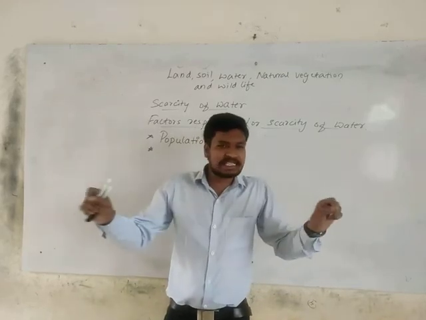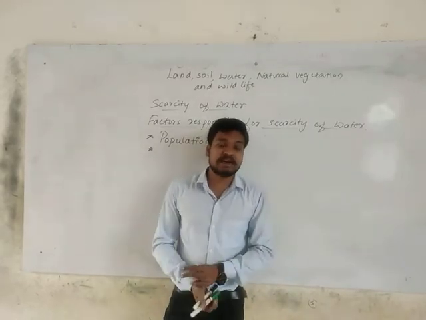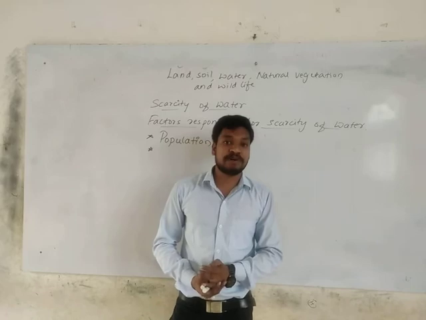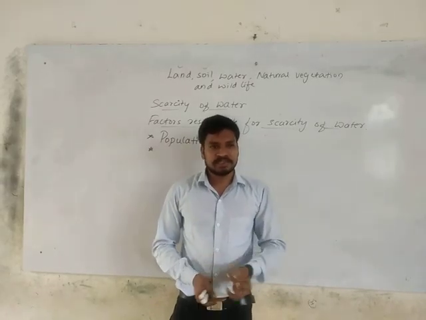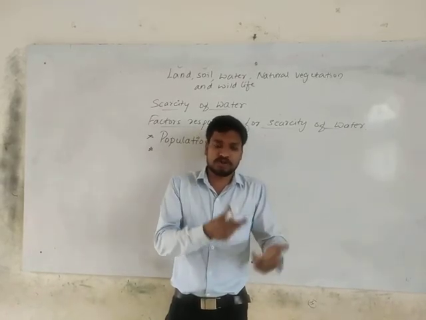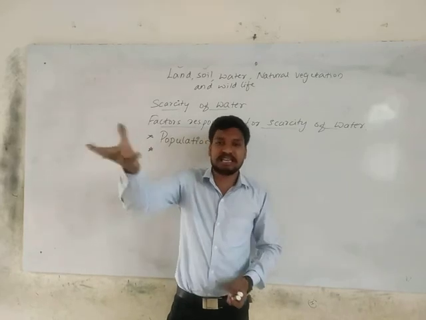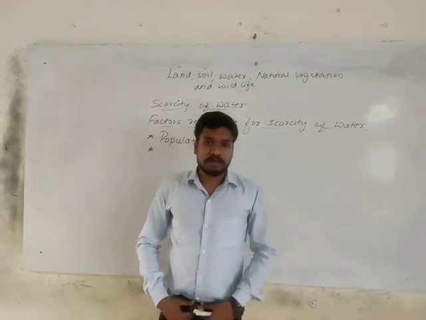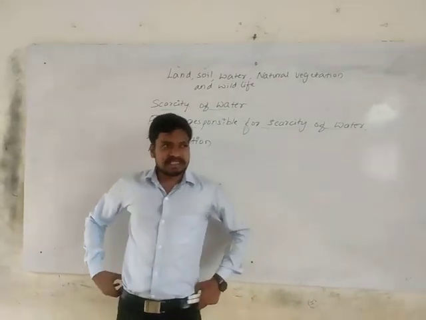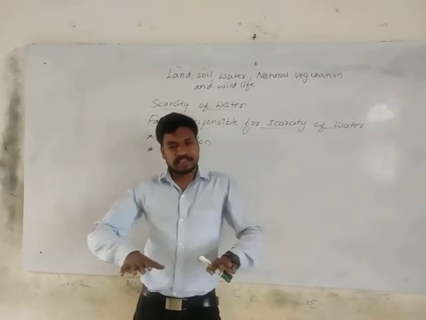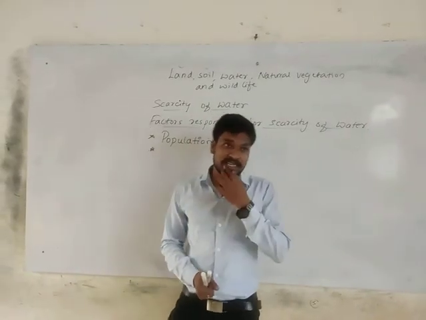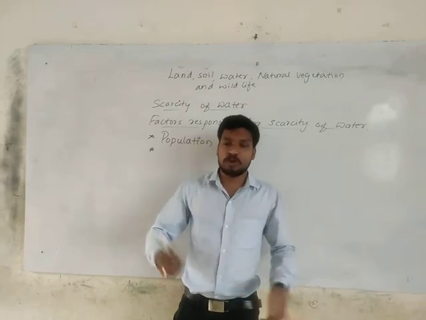In one agriculture year, they grow more than 3 crops in cash crop agriculture, meaning crops grown only to sell in the market. This is done mainly in foreign countries. In India also we do it, but in other countries it's comparatively more.